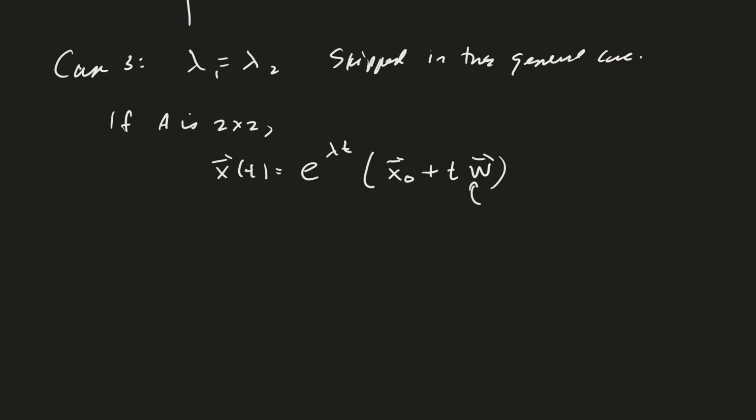Do you remember how we got the vector w? A minus lambda I times x0 is equal to w. That was the case where we had one eigenvalue. We're not going to draw these pictures. We might use it in the computer, but we won't draw these by hand, because they're hard to check.